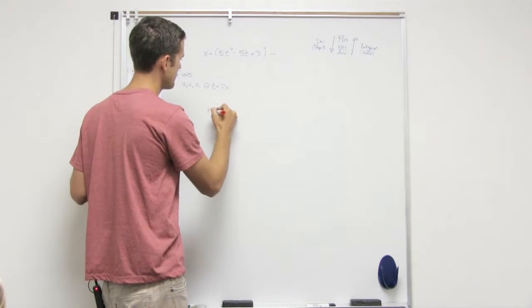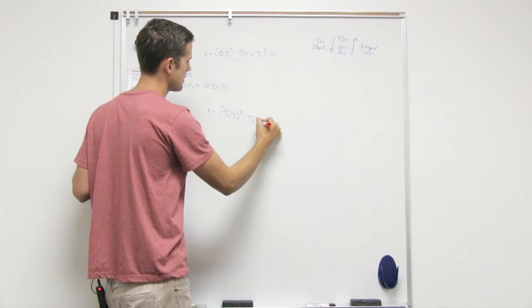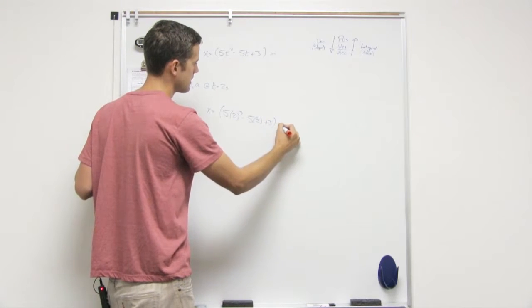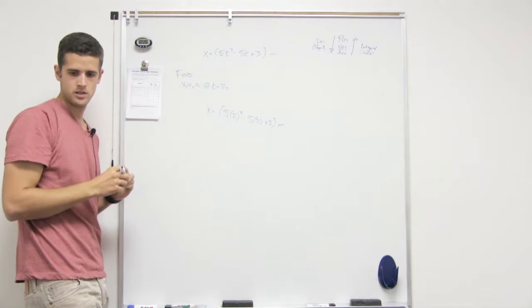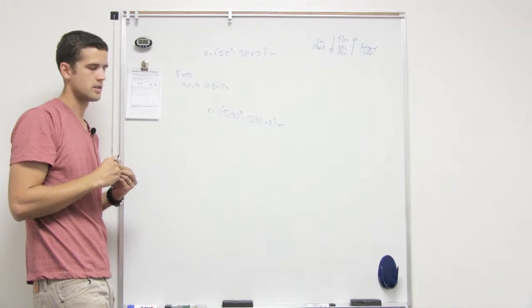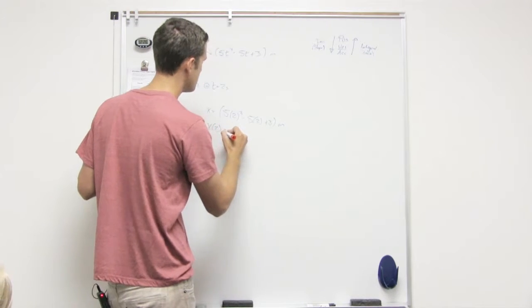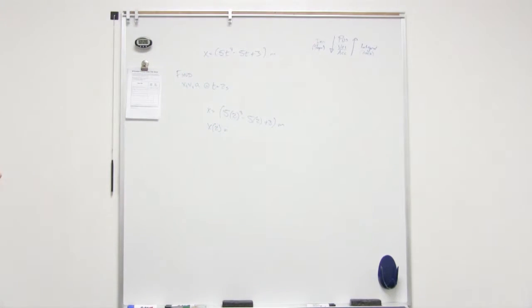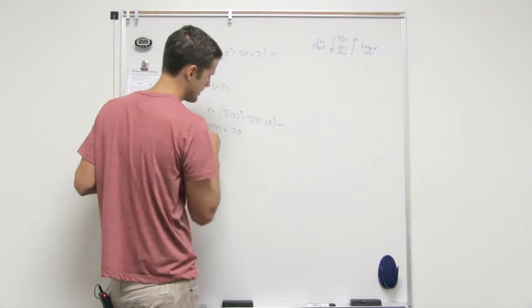So you could say that x equals 5, that's 840, so 33. 33 or 73? 33.